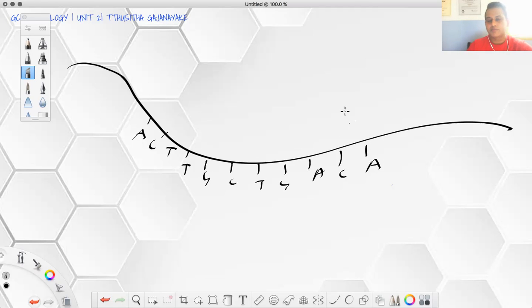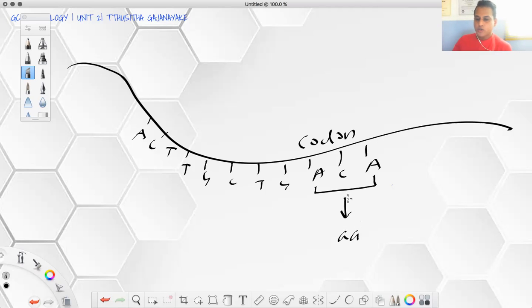This is like this. You will learn in the future when three nucleotides join together, if we read these three together, it makes a code we call a codon. And one codon gives a code for one amino acid.